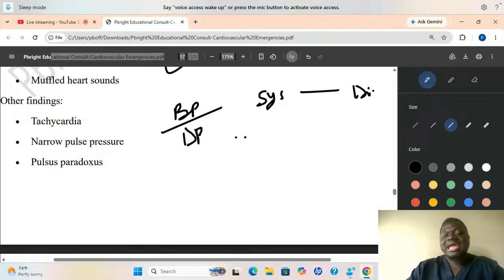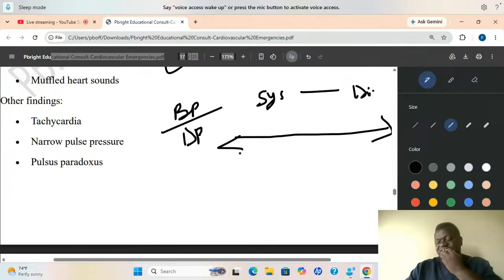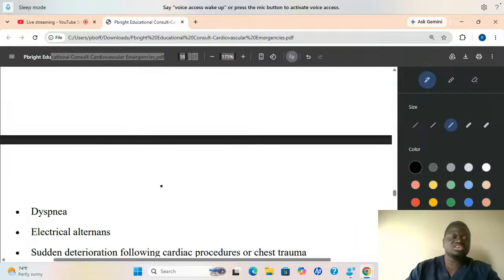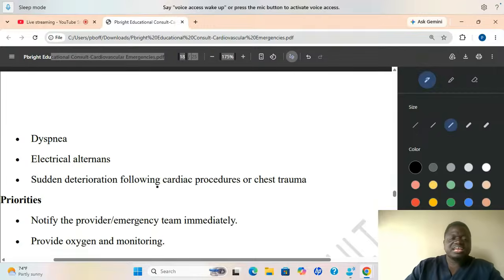You see a wide gap. This is a sign that the patient is about to die. Then the pulse is paradoxus. Dyspnea, electrical alterations in EKGs and all those things. Then sudden deterioration, GCS will drop, cardiac problems.